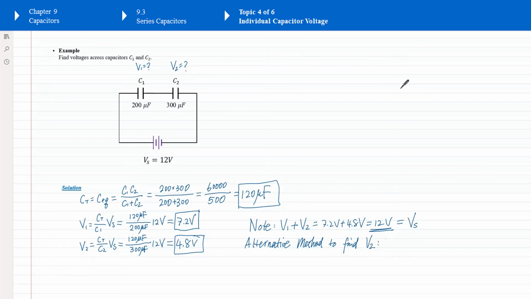For V2, we can use the total voltage Vs and subtract the voltage that drops on the first capacitor, V1. That equals 12 volt minus 7.2 volt, and that gives us 4.8 volt.